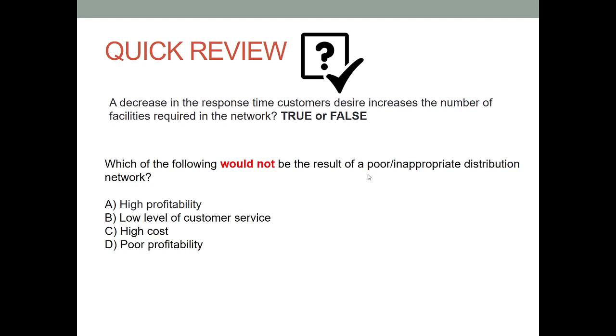So if there is an inappropriate or poor distribution network, it will involve poor profitability, high cost, and low level of customer service. Because it mentioned "not", the answer is high profitability.